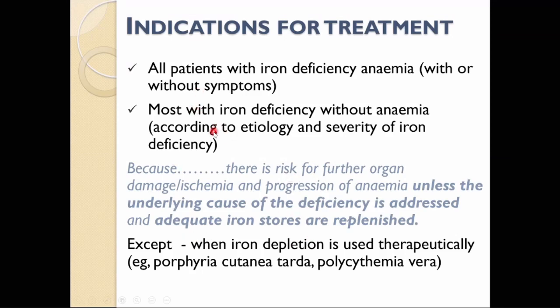So we do this except in situations where we deplete iron purposefully for therapeutic purposes, like in polycythemia vera. To control the disease, we keep the iron stores low. In those kinds of situations, we don't go and treat them, but in other situations, if there's a deficiency, we should think of correcting it.